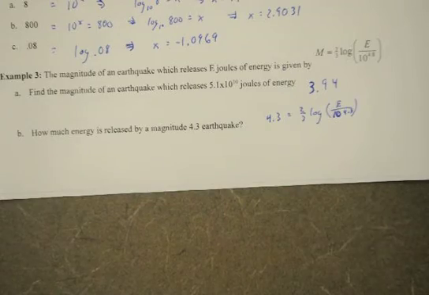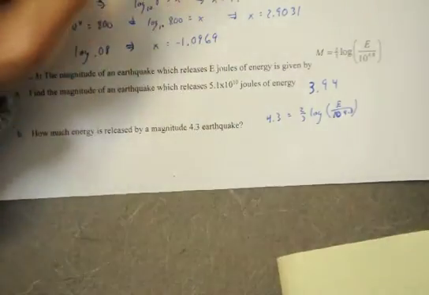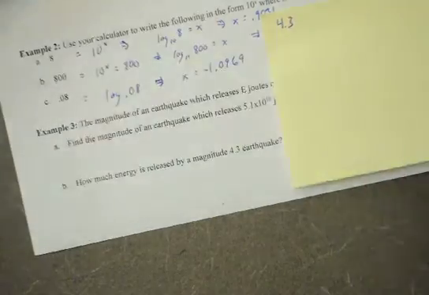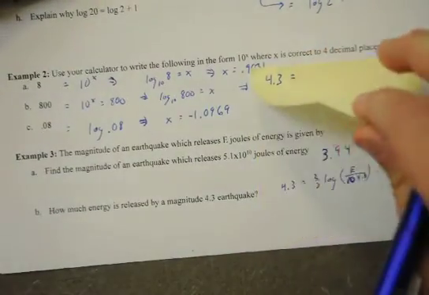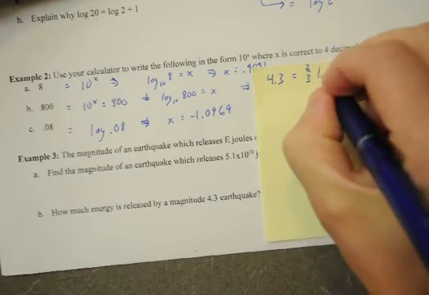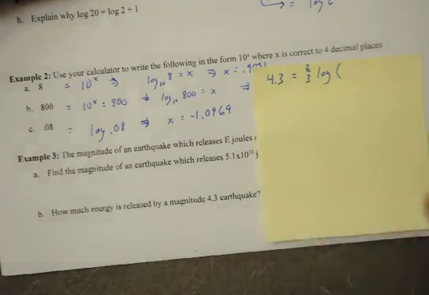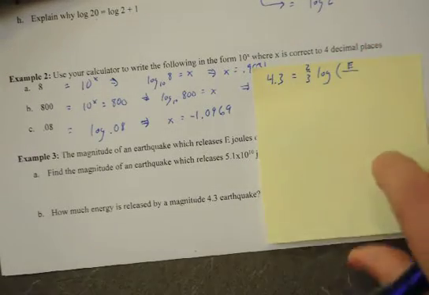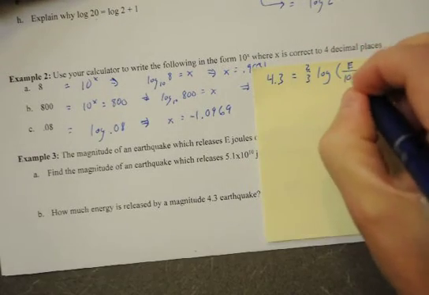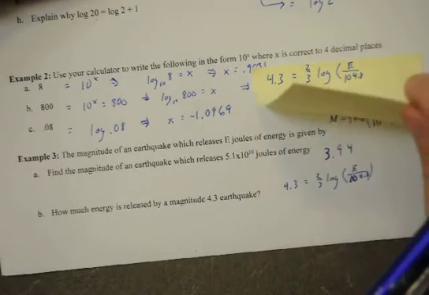I'm going to run out of room here, so I'm just going to start it over again right here. 4.3 is equal to 2/3 times the log base 10 of e over 10 to the 4.8 power.